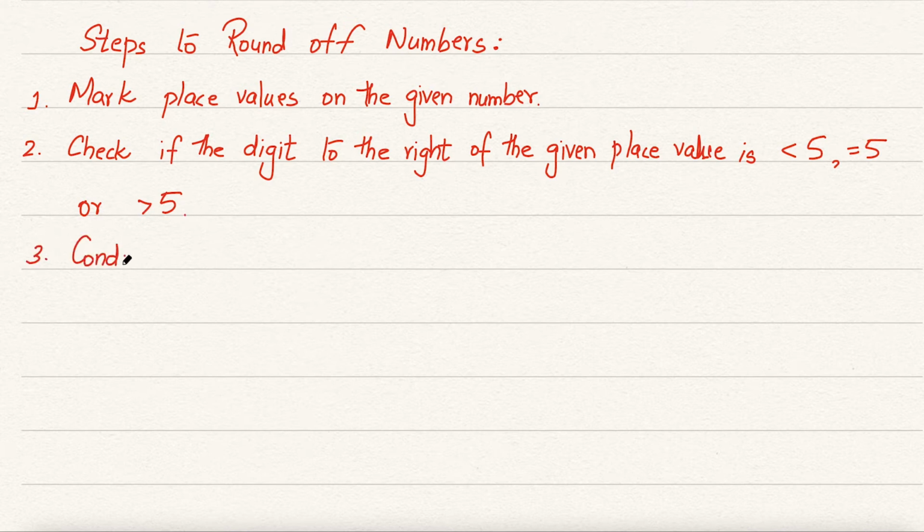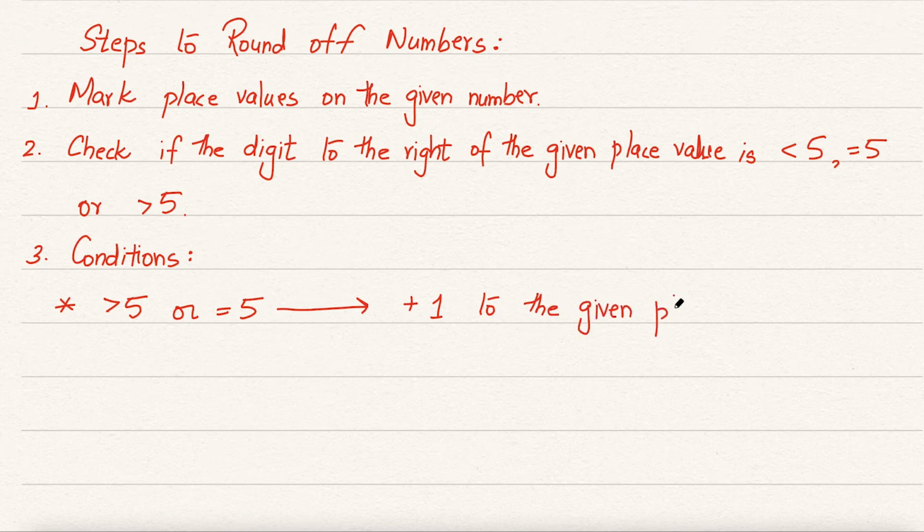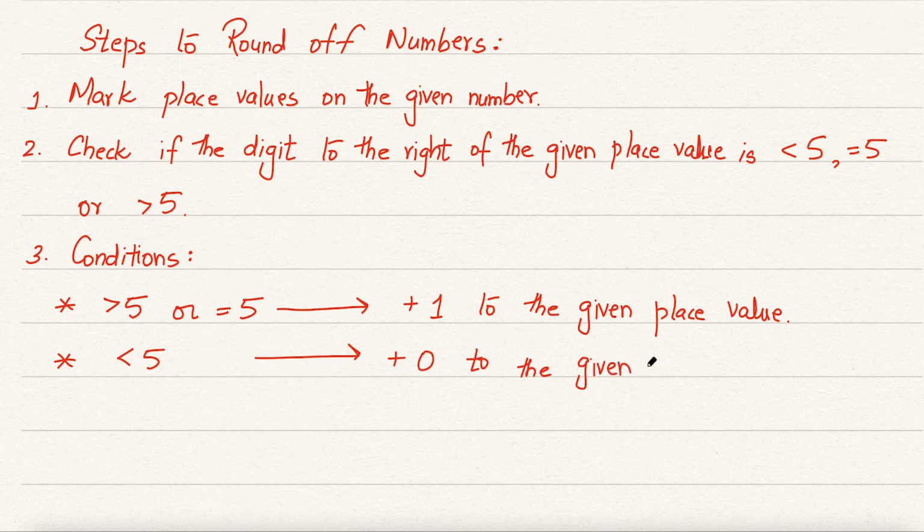Now you have these three conditions. If the digit to the right is greater than 5 or equal to 5, then you will add 1 to the given place value. But if the digit to the right is less than 5, then you will add 0 to the given place value.